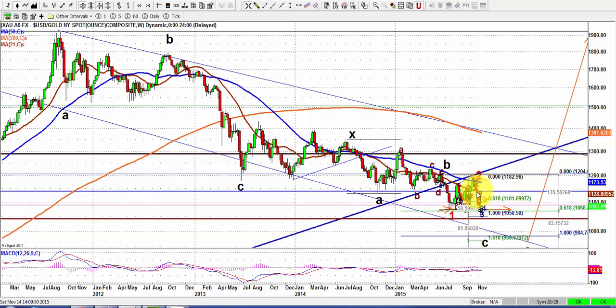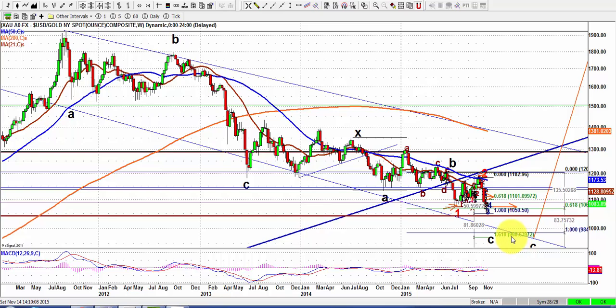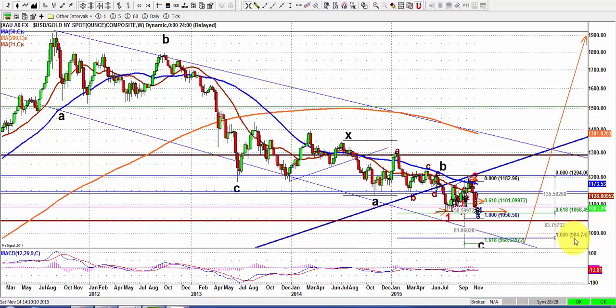But I would imagine it's going to an extension, and that's going to take us to 968. 968 will take us to an extension of the third wave in red of that C. And that is not terribly far. It's roughly 970, and here you have the 984 that is giving you the equality between the C and the A.